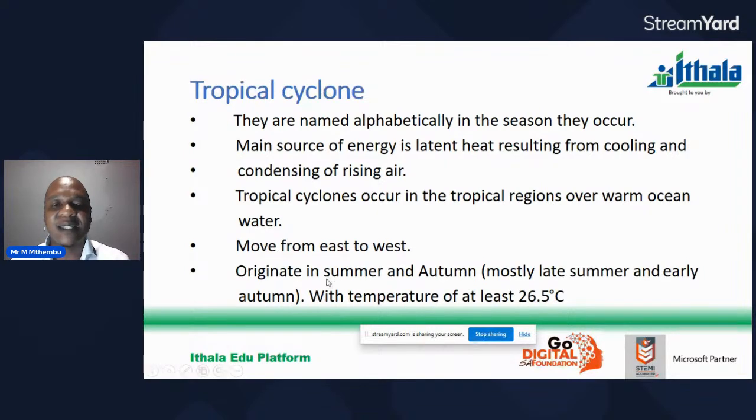It originates in summer and autumn, mostly late summer and early autumn, with an ocean temperature, grade 12, of at least 26.5 degrees. And also, the system, which is a tropical cyclone, doesn't need any friction. Because if it does come across friction, the tropical cyclone will actually dissipate.